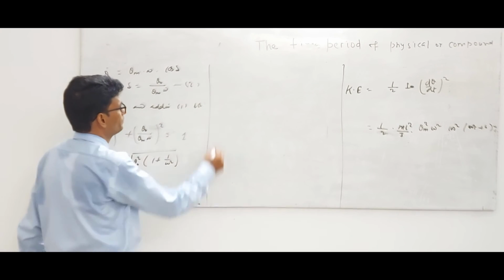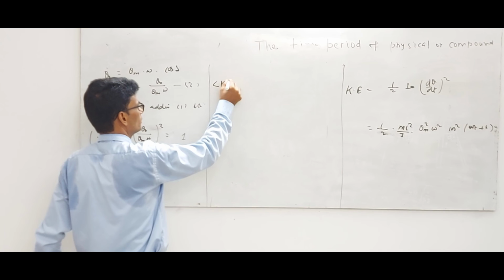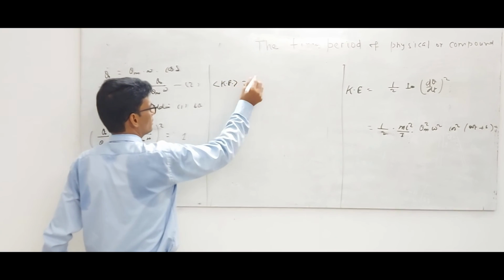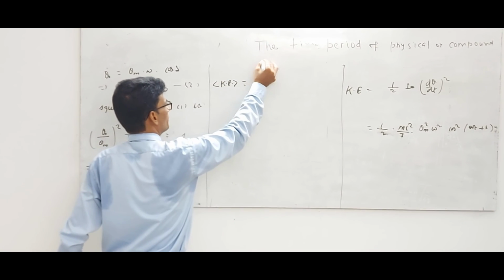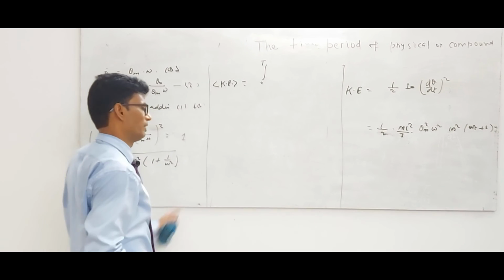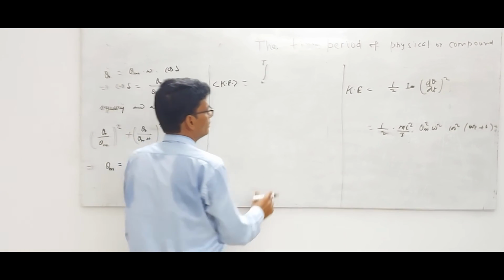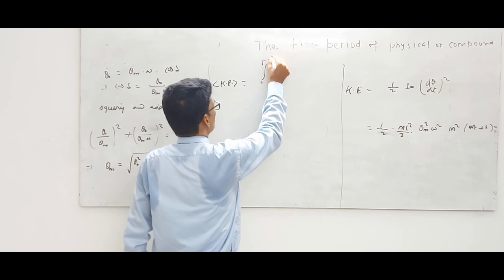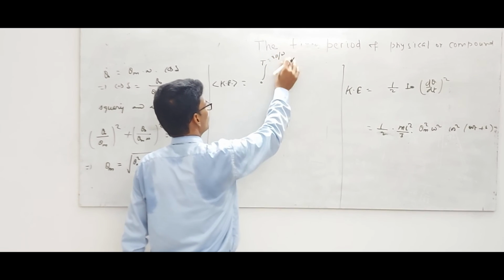So mean kinetic energy, the symbol is like that. This is 0 to time period. We will write the time period finally after getting the answer. So you may write here 2 pi by omega. Omega is known.